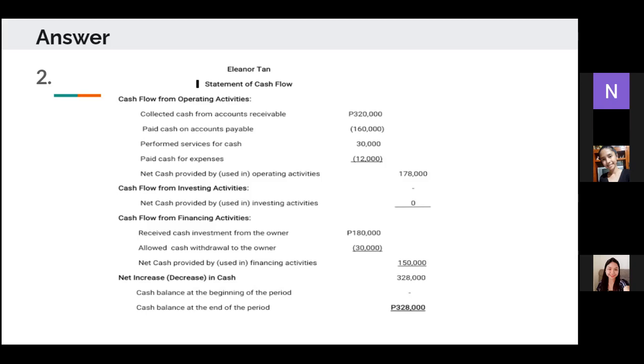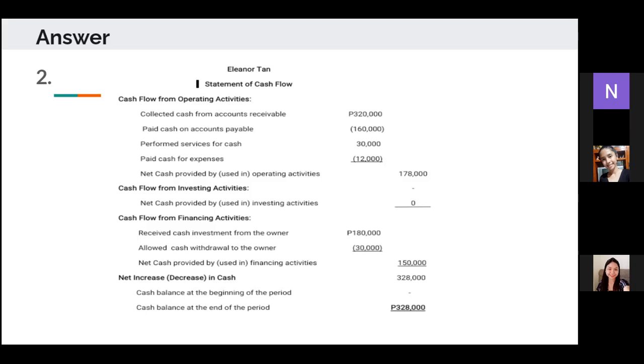And perform services for cash amounted to 30,000. Siyempre, makaka-receive tayo ng cash nun. And paid cash for expenses, which is 12,000. It is also an outflow. So, the total of net cash provided or used in operating activities is 178,000.